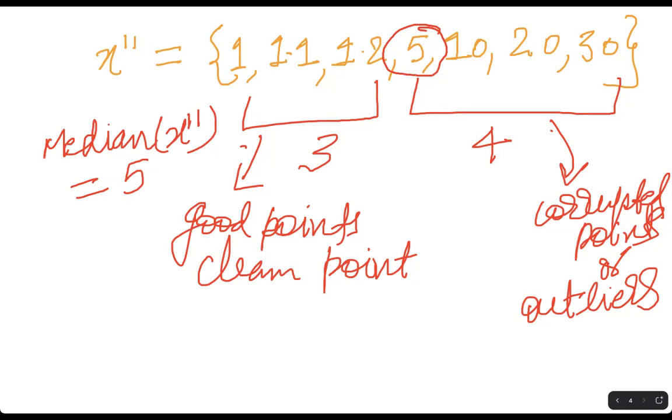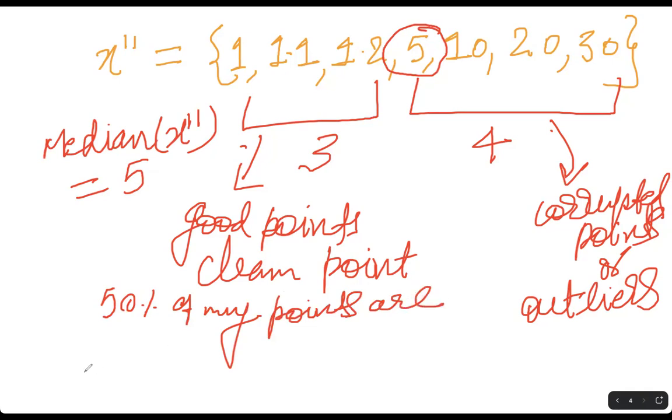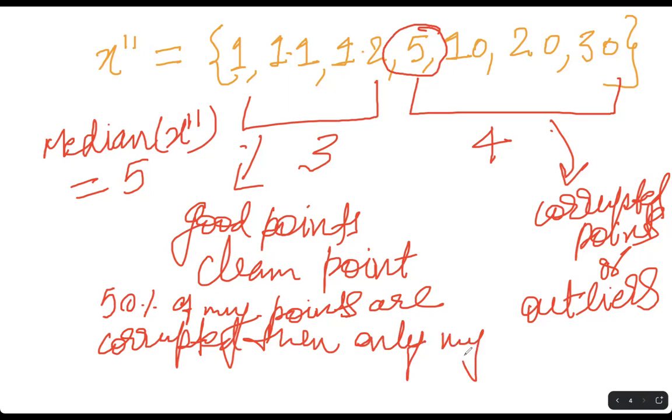So if more than 50% of your points are corrupted, only then does the median get corrupted. This is very important to understand. Only if 50% of my points are corrupted will my median get corrupted.